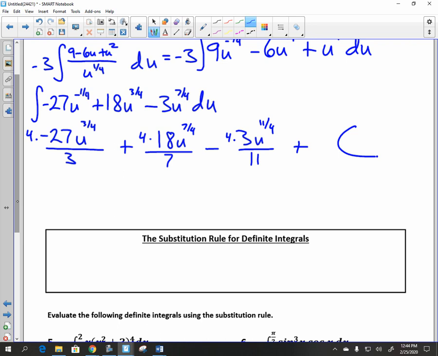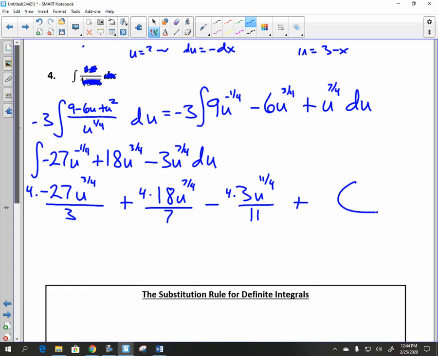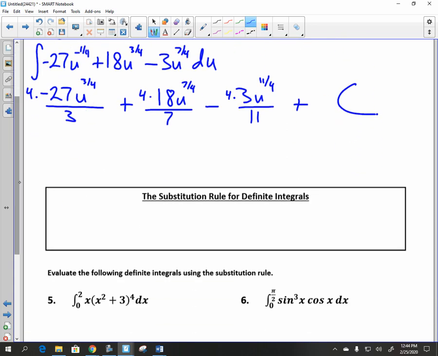One step left. We plug in u and we simplify our fractions. What was u again? 3 minus x? Okay, so the 27 over 3 divides to 9, negative 9, and then multiplied by 4 is negative 36 times 3 minus x to the 3/4. 18 times 4, 72. 72 times 3 minus x to the 7/4, all over 7.